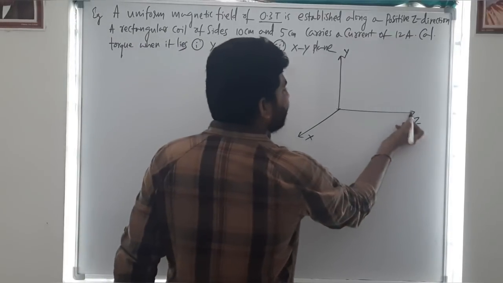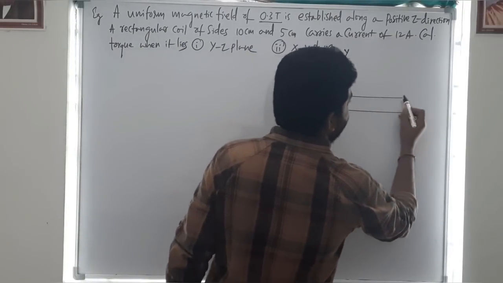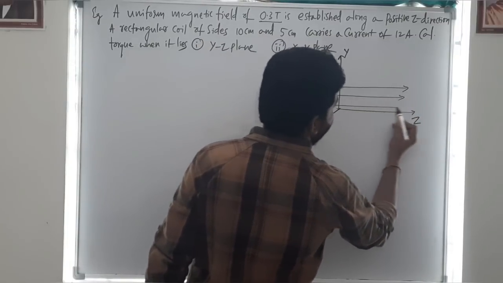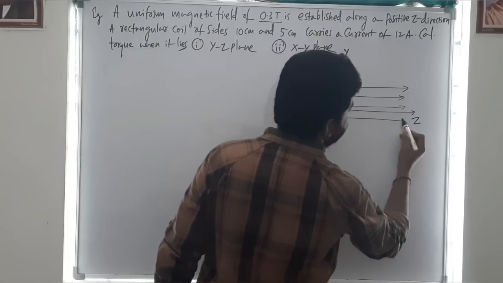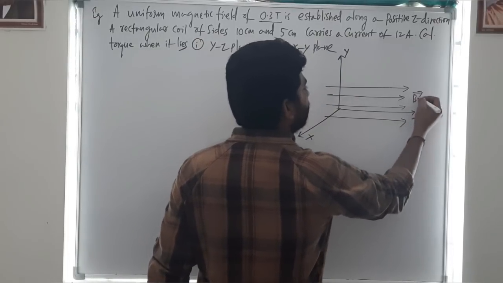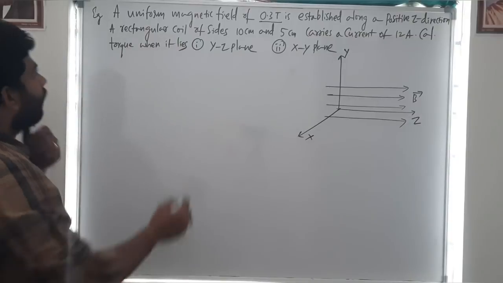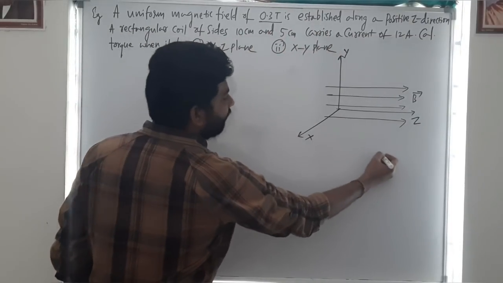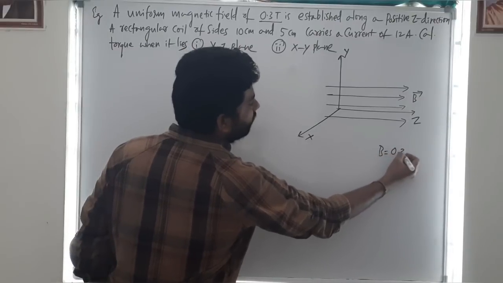Along the z-axis the magnetic field is acting. This is B bar. Carefully listen. A uniform magnetic field of 0.3 Tesla, so the magnetic field value is 0.3 Tesla.